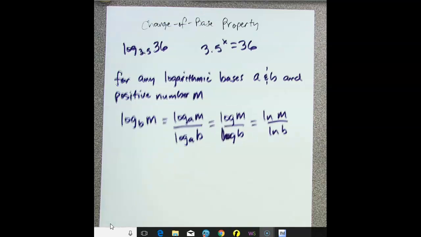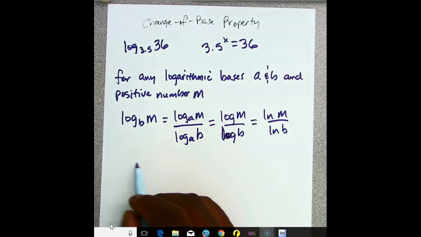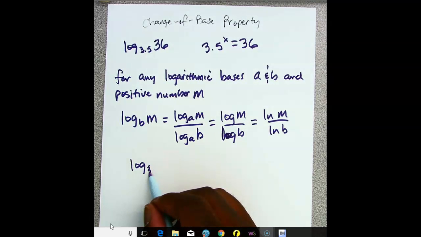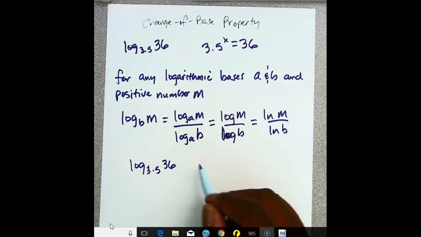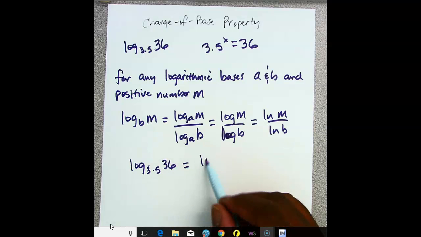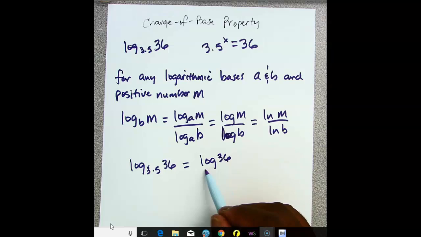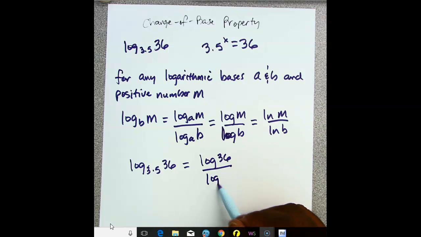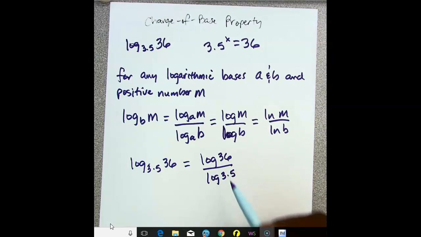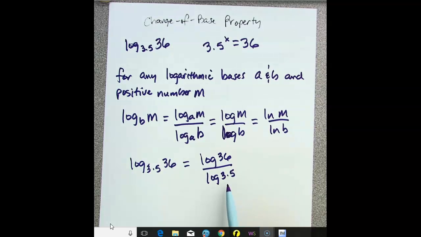So let's take a look at evaluating log base 3.5 of 36. That's going to be the log of 36 divided by the log of 3.5. In this property, just make sure that your base is always your denominator.